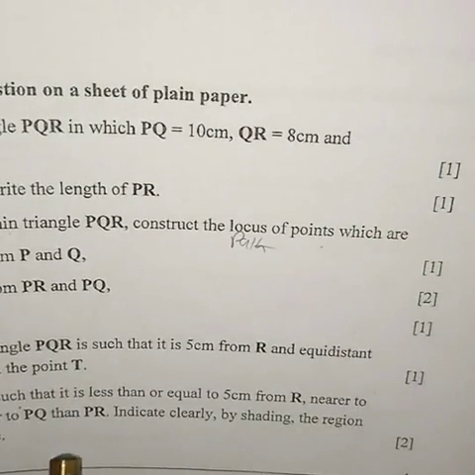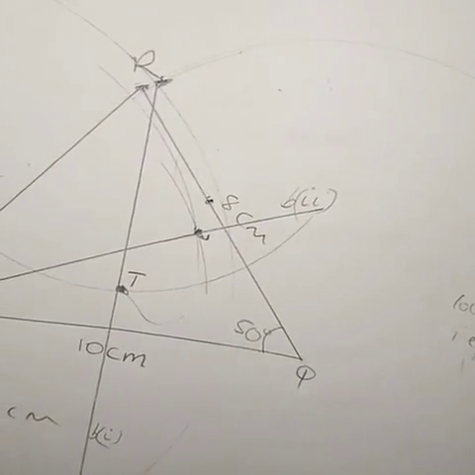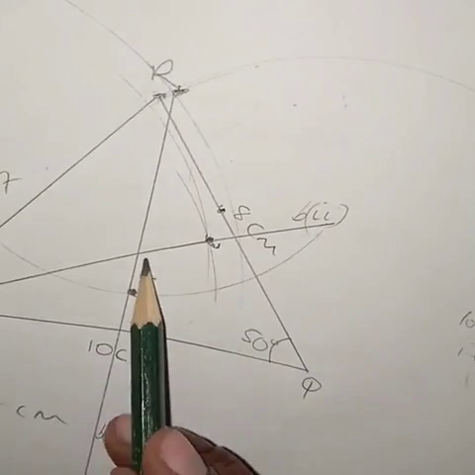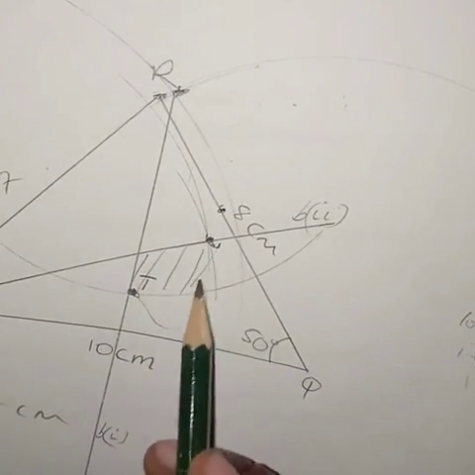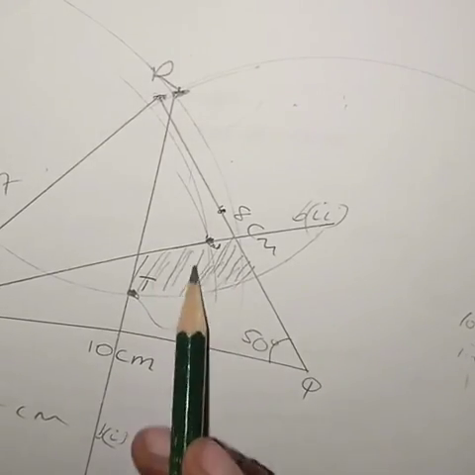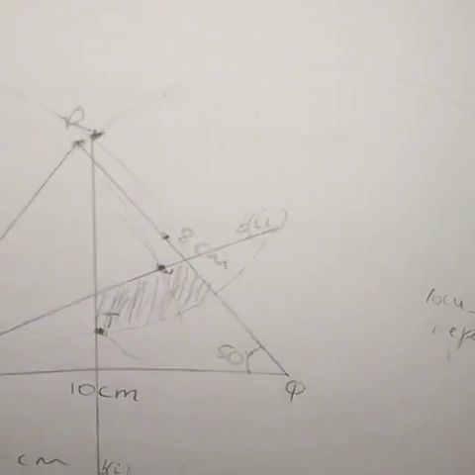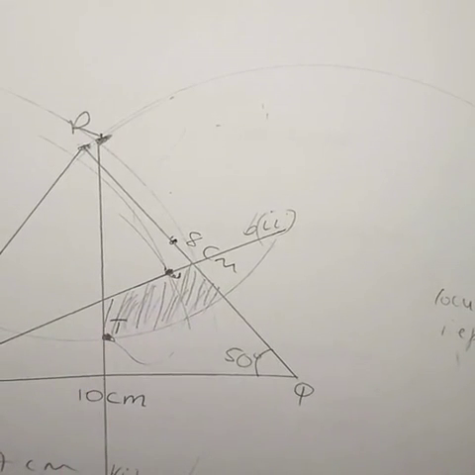It is nearer to PQ than PR. Nearer to PQ than PR. So it is this part there, up to here. This is the part where X must lie. So this is what you're supposed to do. Practice more for you to be able to draw a good one. You can't miss these marks.